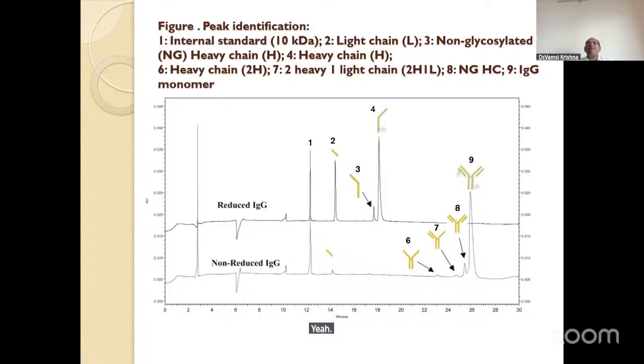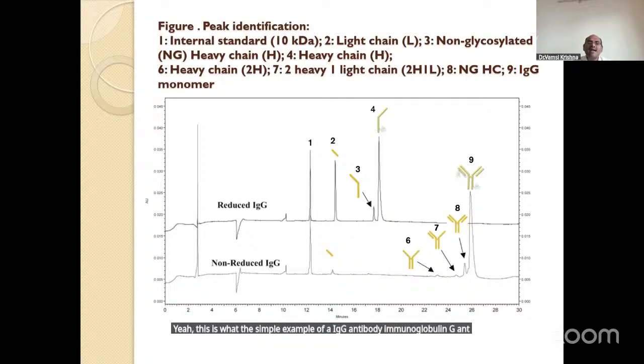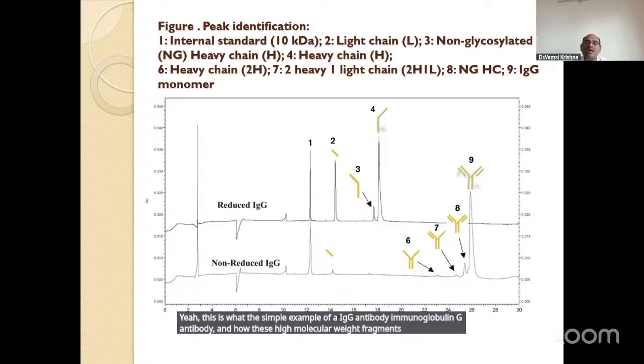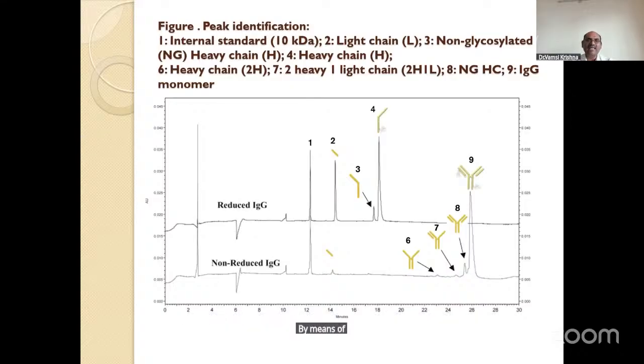Yeah, this is a simple example of an IgG antibody, immunoglobulin G antibody, and how the high molecular weight fragments, low molecular weight fragments and aggregates are separated by means of SDS-CGE, sodium dodecyl sulfate capillary gel electrophoresis.